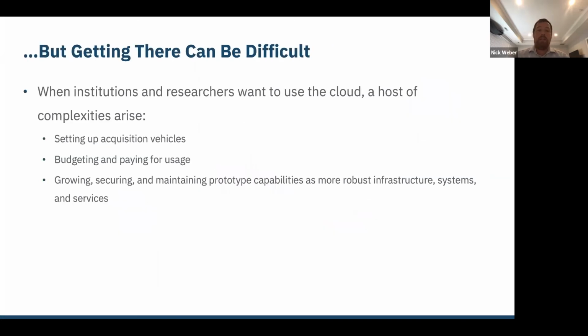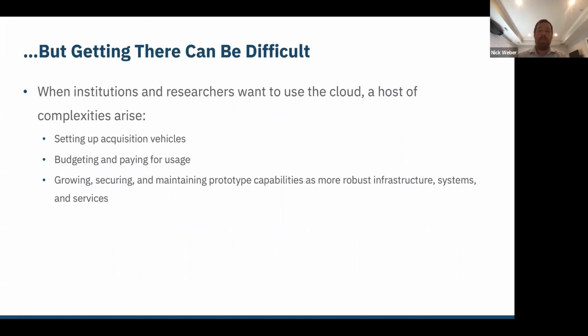What we've seen and heard from both researchers here at NIH and those across the country that we fund is that when somebody tries to go and use the cloud, there's questions or complexities that come up. How do we pay for it? Who pays for it? From what budget? How do we know how much it's going to cost? How do we build these resources in a secure way, especially if working with sensitive data sets?